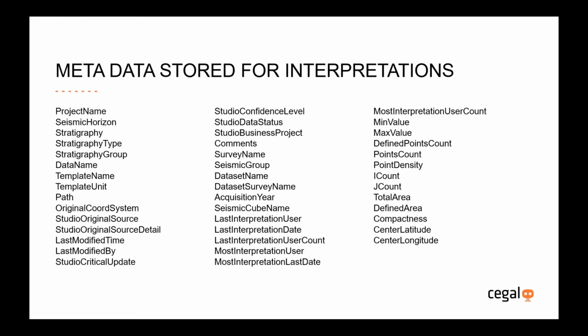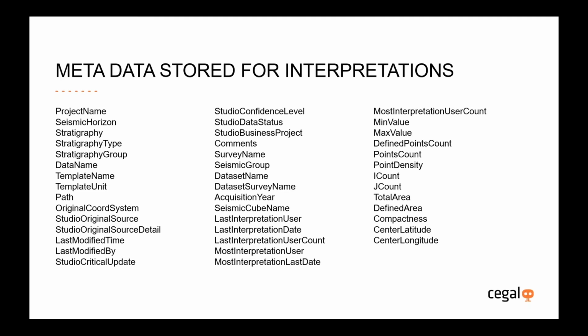So the metadata that we store for interpretations are all listed here. I won't go into much detail on each of these, but it's worth mentioning that we do collect some numerical attributes that may be helpful later with the quality assessment.